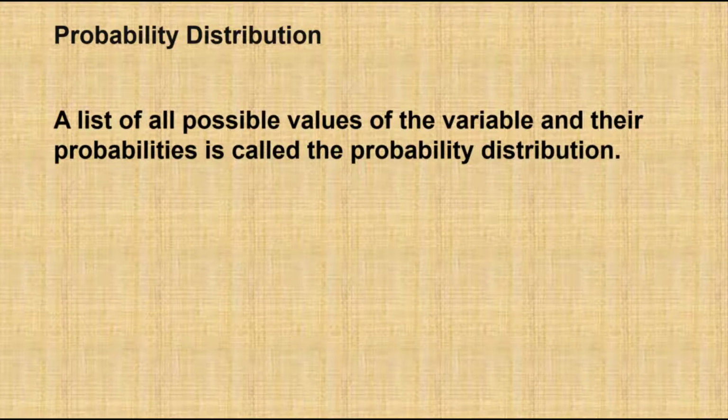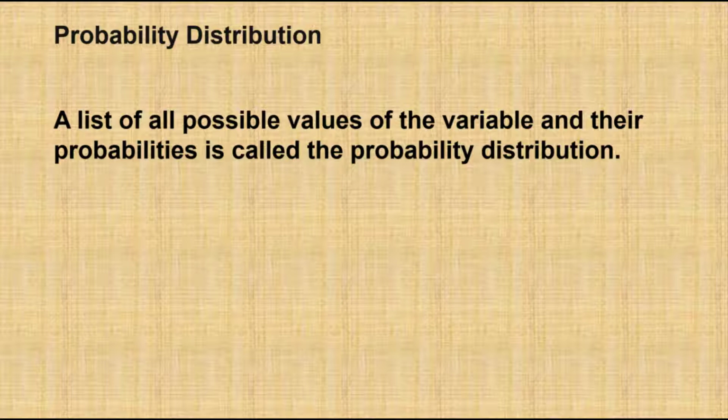Now we proceed to probability distribution. What is probability distribution? We have learned that for a discrete random variable, each value has a specific probability. If we list down all the possible values together with their probability, then this is called a probability distribution.